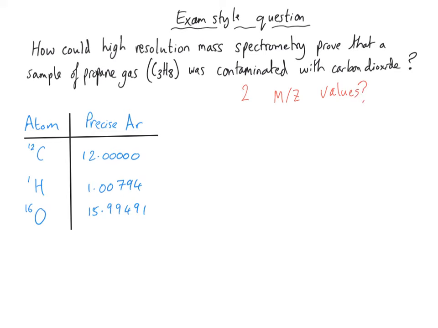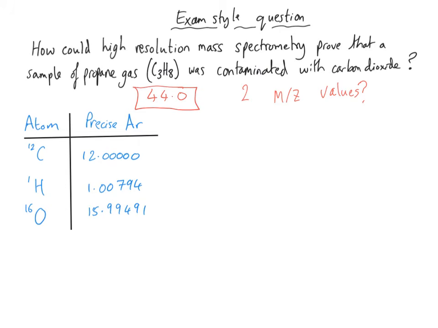Now to 1 decimal point, remember these values are still going to be 44.0, and so that's the whole principle of why we need this high-resolution mass spectrometer, because 3 lots of 12 for carbon is 36, plus 8 gives us our 44.